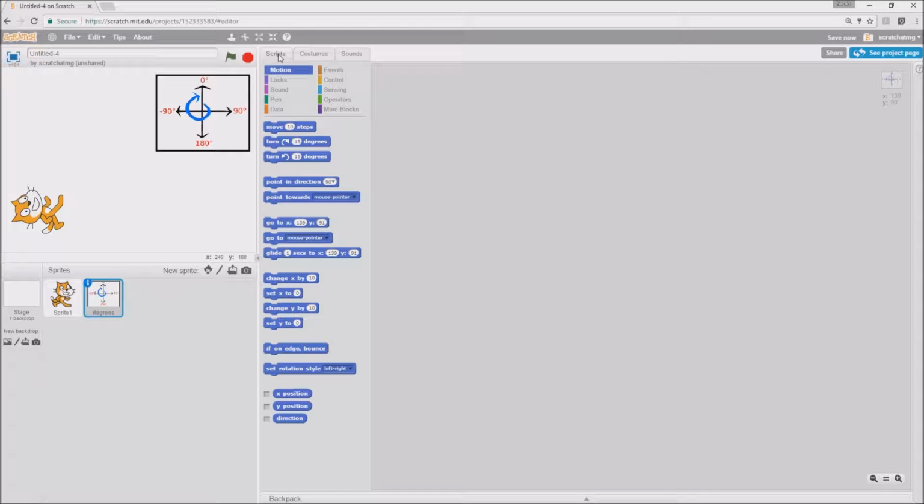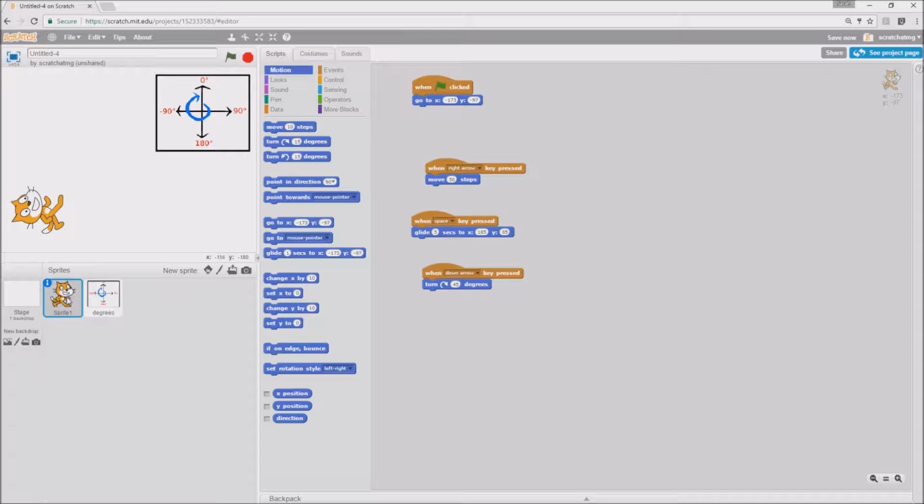So let's go back to our sprite script. And what we want is we want him to point in the direction of 90 degrees. So that means we want him facing this way. You can change that if you want. There are different directions. You can have him pointing left, which is negative 90 degrees.